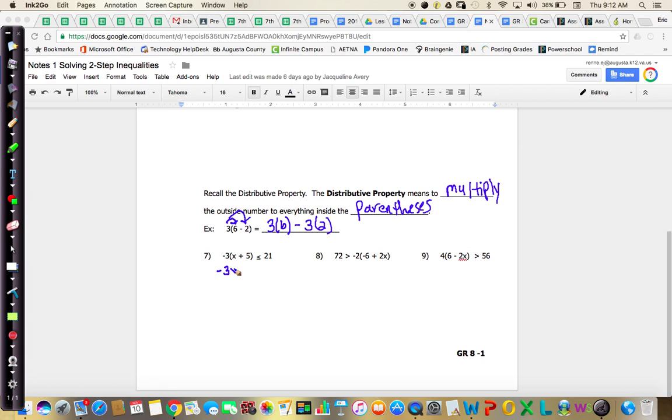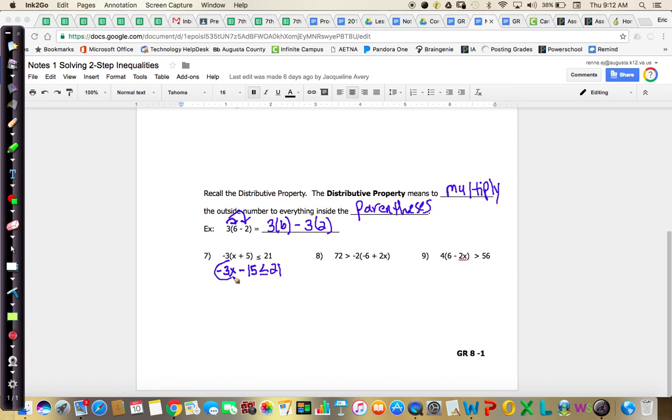Whenever you're multiplying by a variable and there's no number in front, all you're doing is -3 times 1, and then putting the x and attaching it to the number. And -3 times 5 is -15. So we could write plus -15. But we learned when we did integers that adding a negative is the same as subtracting a positive. So I'm going to write it as -15 is less than or equal to 21.